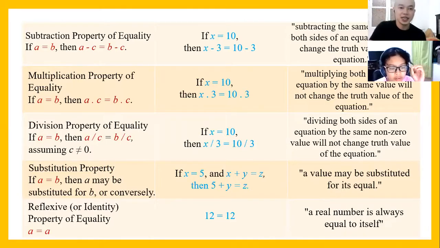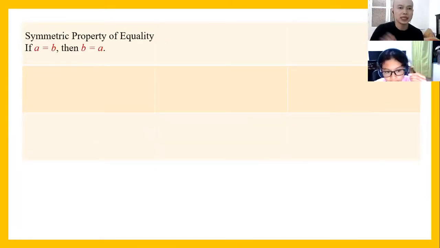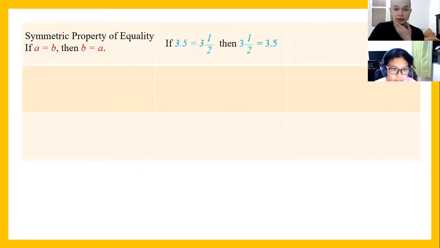All right. Let's have the last slide. Okay, now what is this one? Symmetric property of equality. If A is equal to B, then B is equal to A. What does it mean? All right, so you have here an example. 3.5 is equal to 3 and a half.